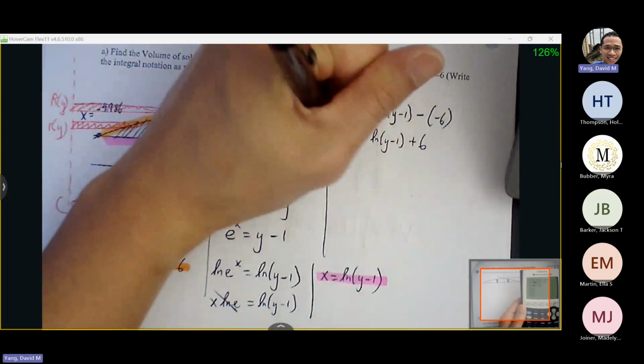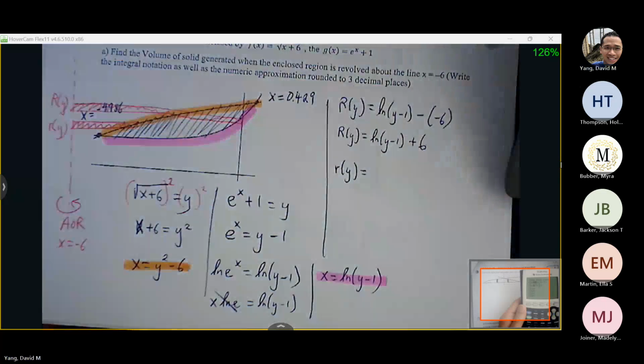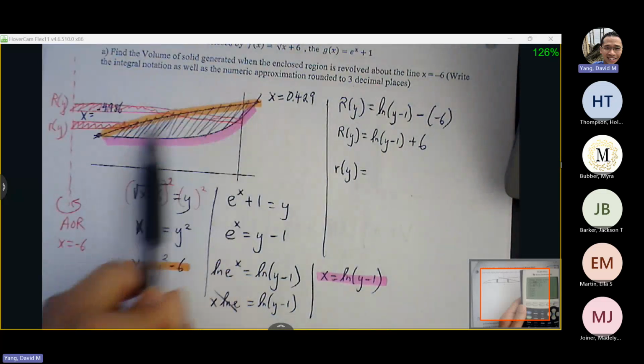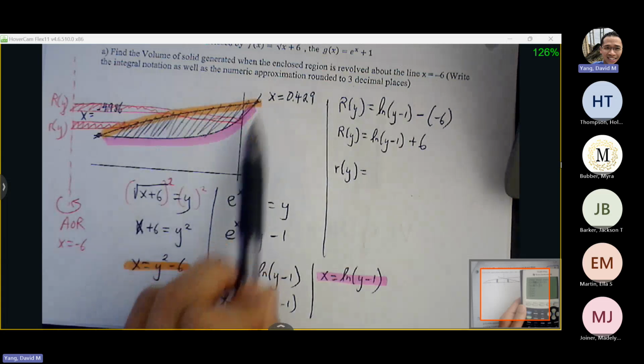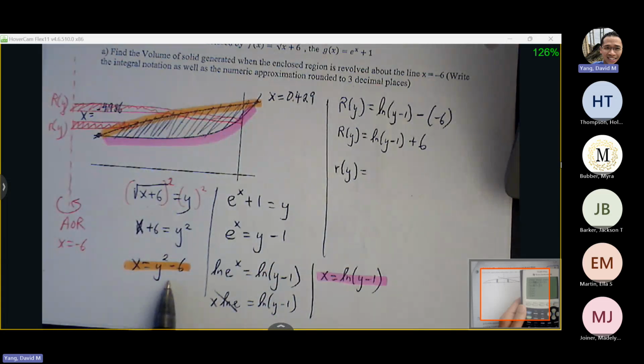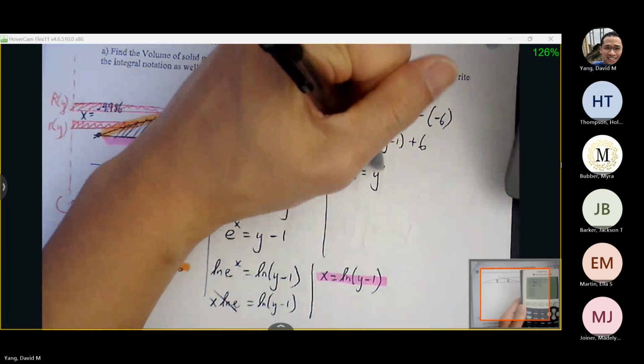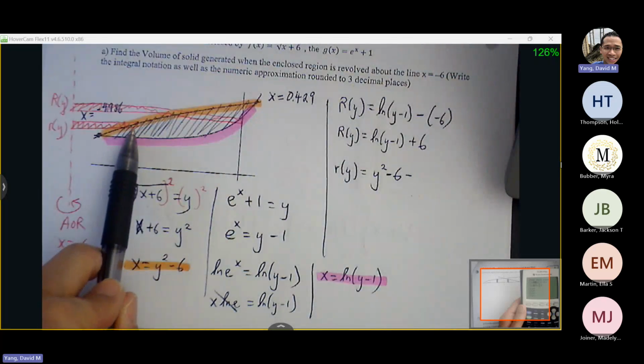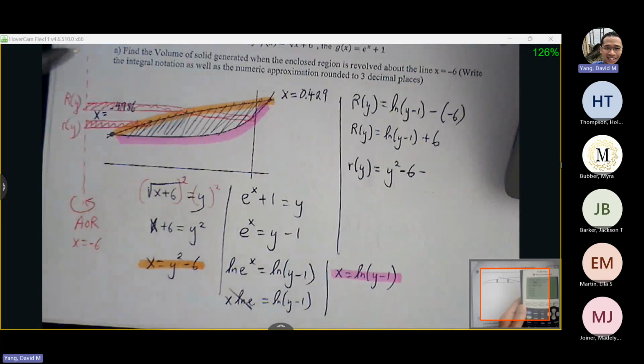Okay, moving on to small radius. Right minus left. The right endpoint of my small radius is sitting on this orange highlighted line here, which is y squared minus 6. Right minus left. Left endpoint is sitting on the axis of revolution, which is at negative 6.